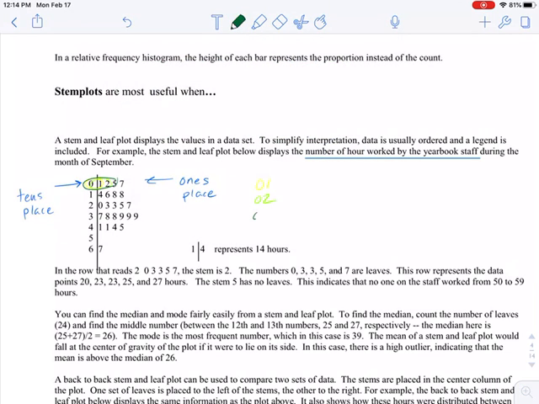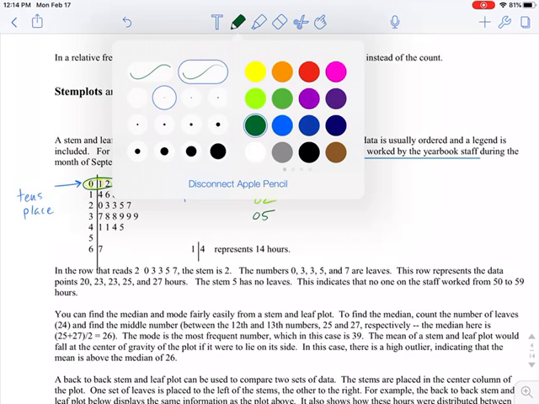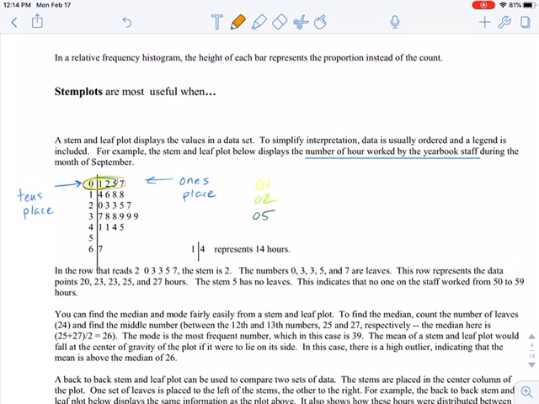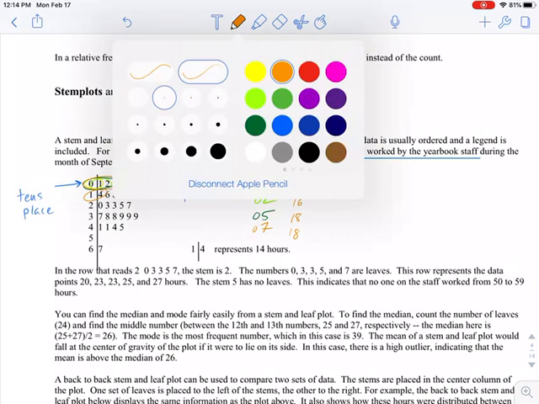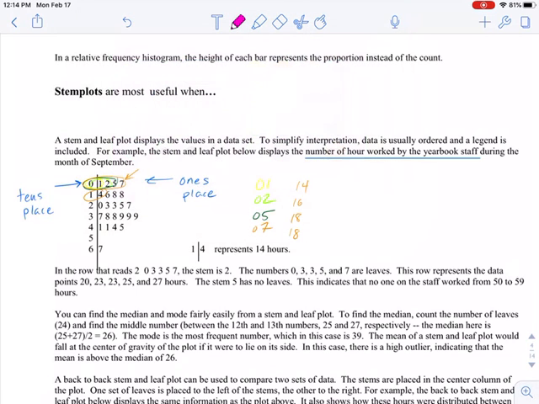And this would be 05, somebody that worked 5 hours, and then somebody that worked 7 hours. So all of the people in this first row worked less than 10 hours. Then next we see 14 hours, and then 16, and then 18, and then 18, and so on. And we can see that there was one lonely person, perhaps, that worked 67 hours on the yearbook. That person really put in their time.